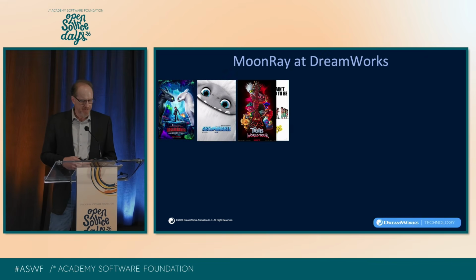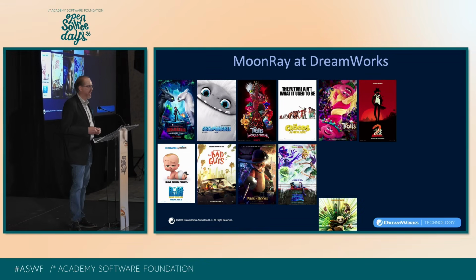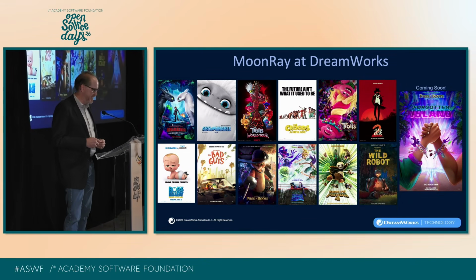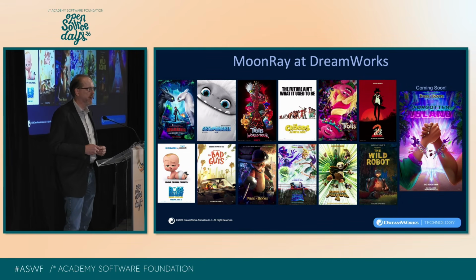So going back just a few years, MoonRay really had its debut in the studio as sort of a trial by fire on our 2019 release of How to Train Your Dragon: The Hidden World. And all the richness of that movie was rendered with MoonRay. So it has since then served as a critical backbone for the DreamWorks feature pipeline, pushing boundaries, establishing new looks, and really bringing our filmmakers' vision to life.